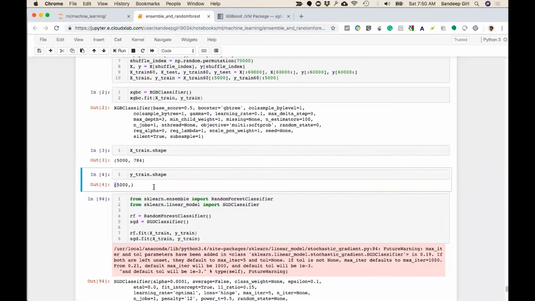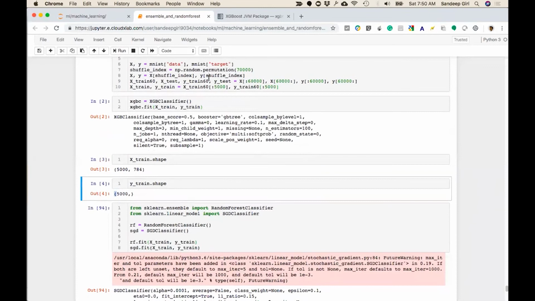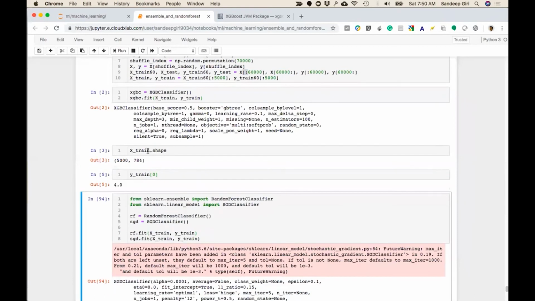Here we've just picked up a small set. Make sure that you have this kind of shape. The 0th element in X is this.